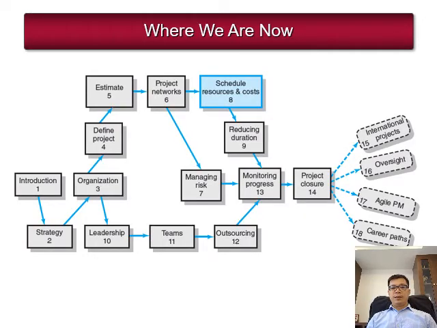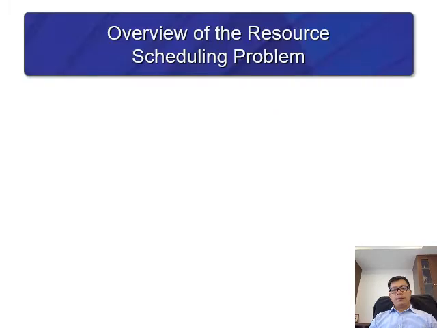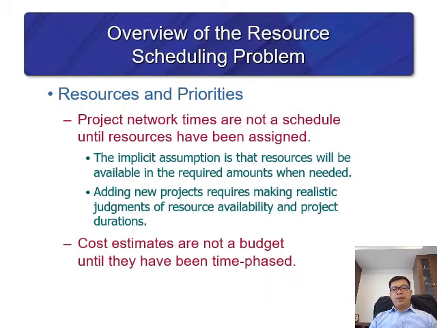Okay, this is the map that we have discussed so far, and now we go to chapter 8. Let's come to the overview of the resource scheduling problem. The only problem is the scarce resource that we have to assign to each task. The problem might happen because of the project network time.